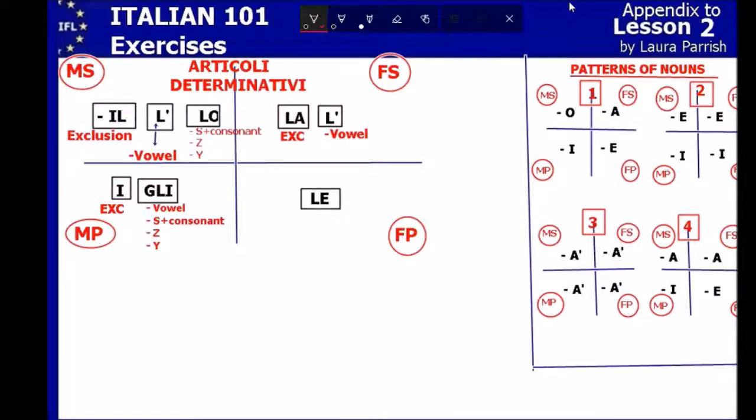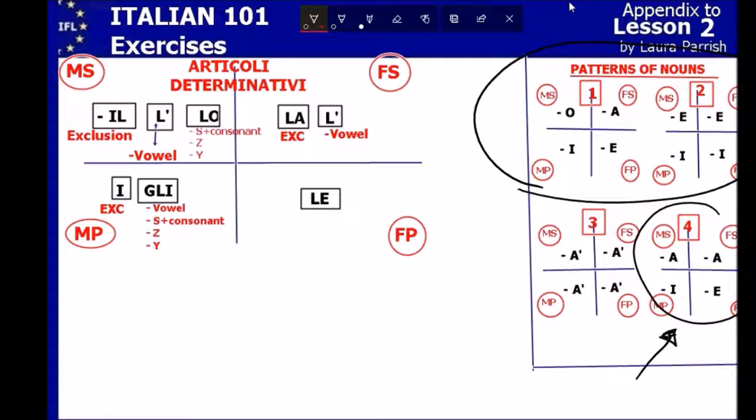Okay, so now let's do some words. Remember, those are the most common. Let's do some words in this last pattern here, for example, barista. Barista can be man or woman. They both end in a, see?